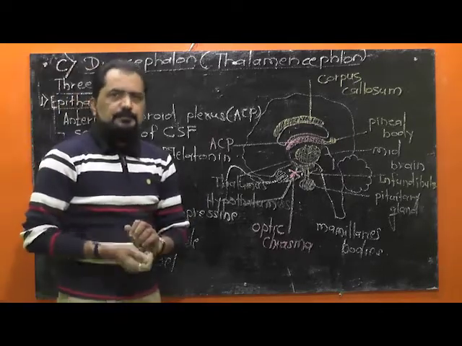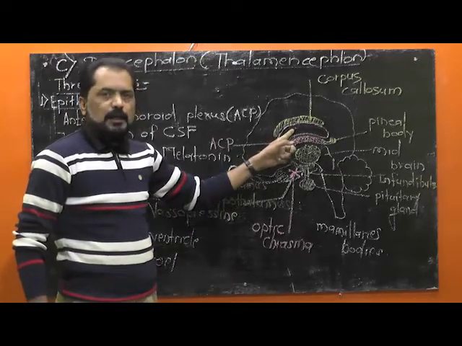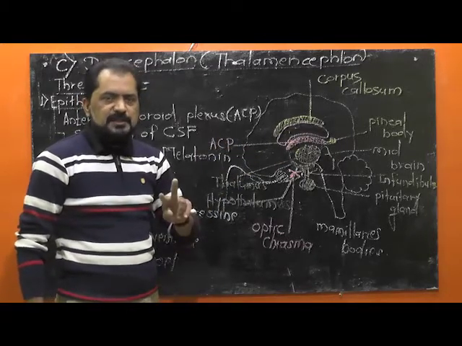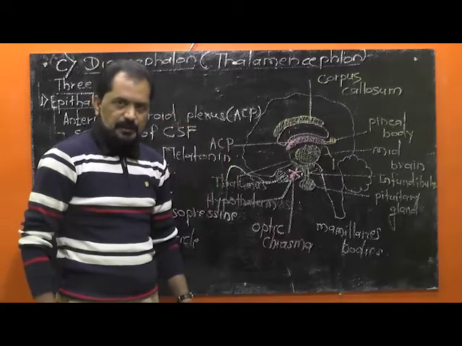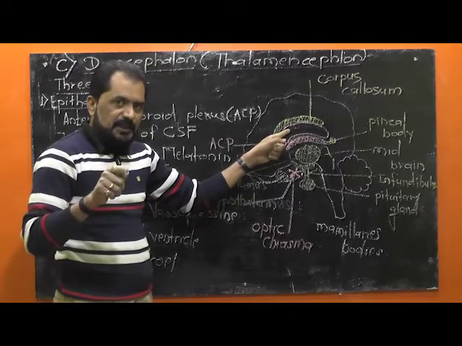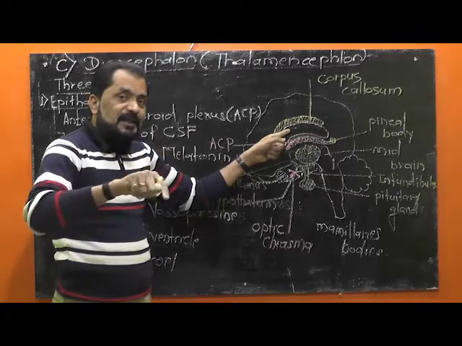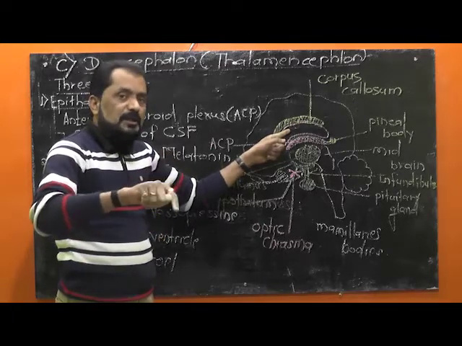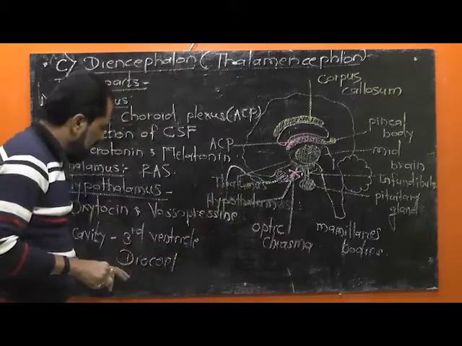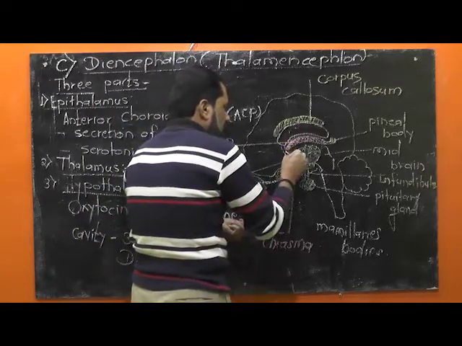We have already studied the cavities enclosed by cerebral hemispheres are known as lateral ventricles, paracels or first and second ventricles. Am I right? Now here that first and second ventricles, that is cavities of cerebral hemispheres, are in communication with the cavity of diencephalon, that is diocele or third ventricle, by means of a small opening.